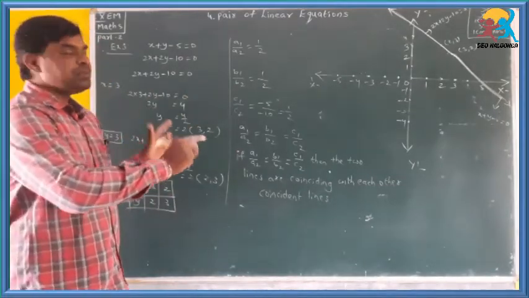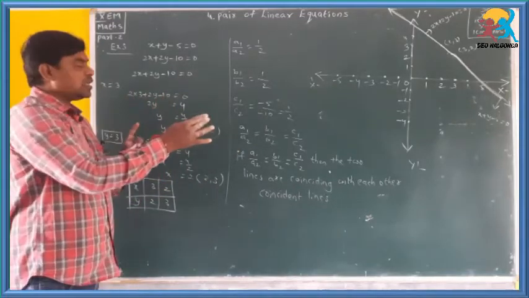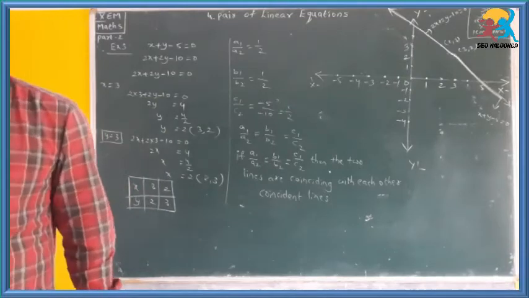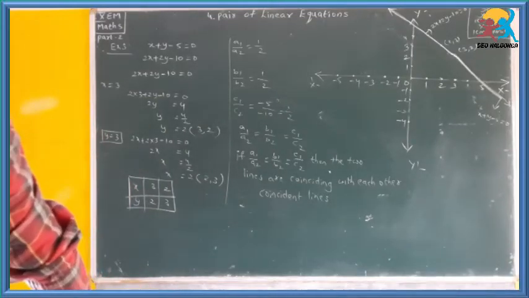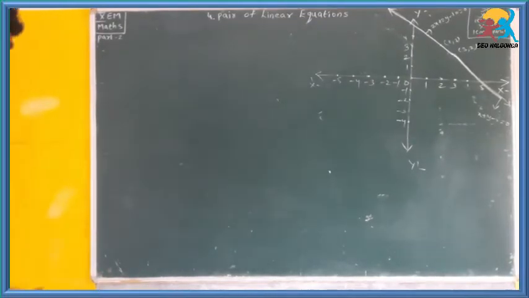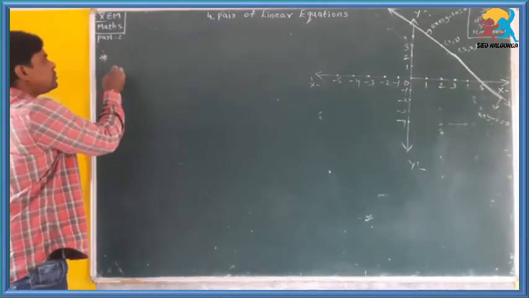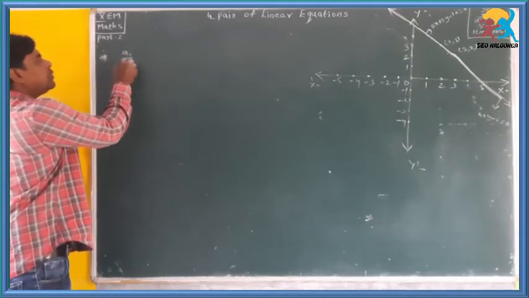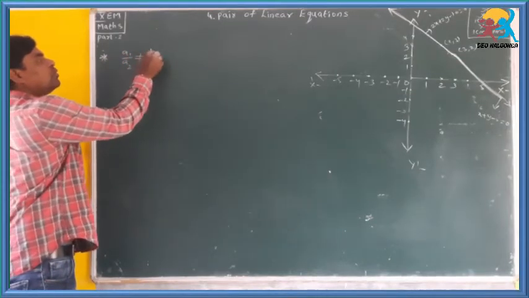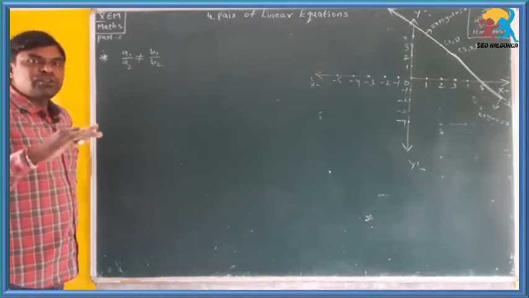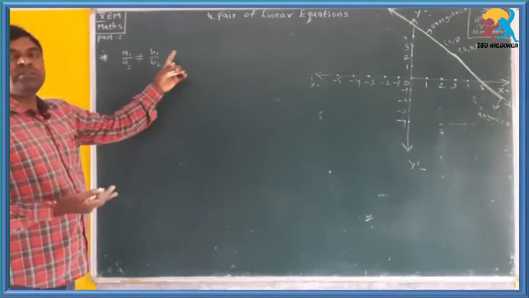Here we will integrate all these conditions and we will write in a box. First one, a1 by a2 is not equal to b1 by b2. Here these two are not equal, so we should not bother about c1 by c2.